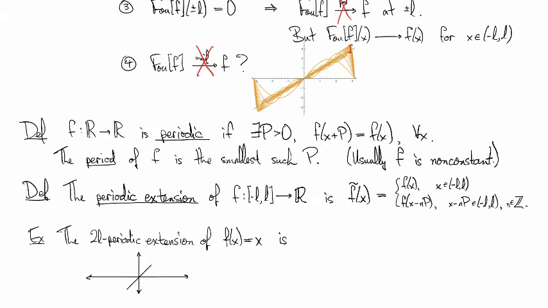So that's what it looks like on minus L to L. And then I'm going to extend it from L to 3L like this. And I will extend it to minus 3L to minus L like that. So that's the 2L periodic extension of f.